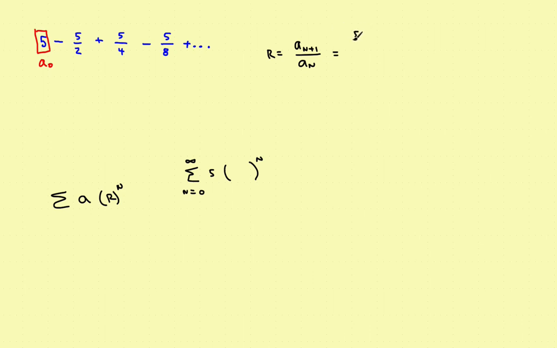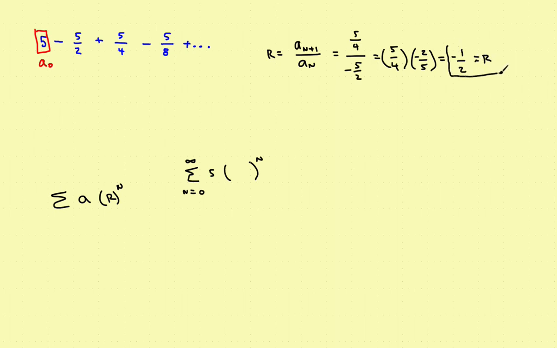So it would be 5/4 divided by, in this case, this term was a negative 5/2. So again, invert and multiply, that's going to be 5/4 multiplied by a negative 2/5. In this case, the 5s will cancel out. This will turn into a negative 1/2, and that's going to be the common ratio.